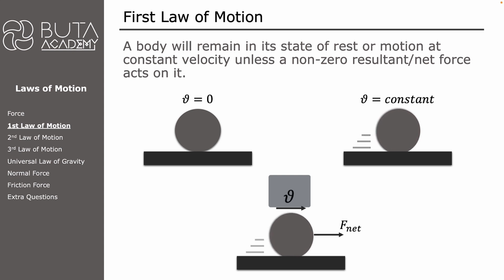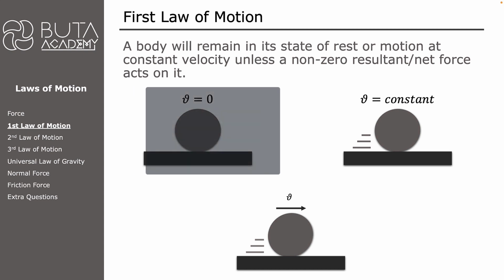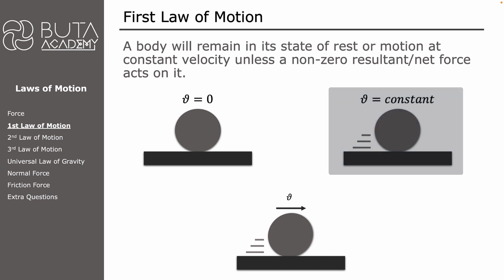In contrast, if there is a net force applied on an object to the left, the object will slow down. But if net force is equal to zero, there will be no reason for the object to change its speed, so it will move with constant speed or velocity. To summarize, if net force on an object is equal to zero, the object can be at rest or move with constant velocity.